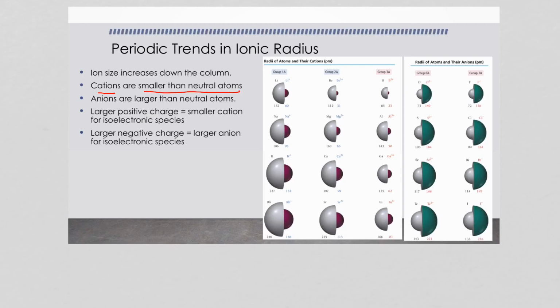So you're going to be adding those electrons and forming that negative ion, and that negative ion is going to be larger than your neutral atom. Okay. So that's the first two basic ideas. Positive ions are always smaller, negative ions are always bigger.